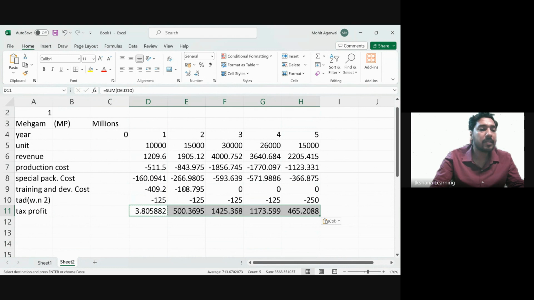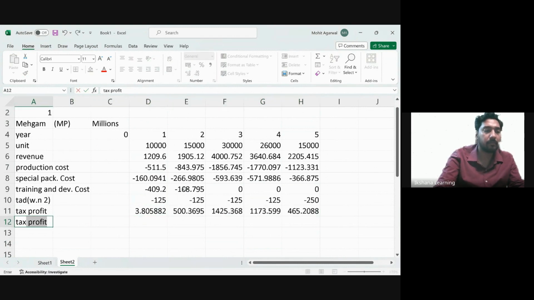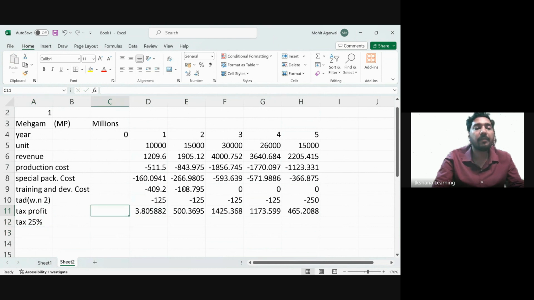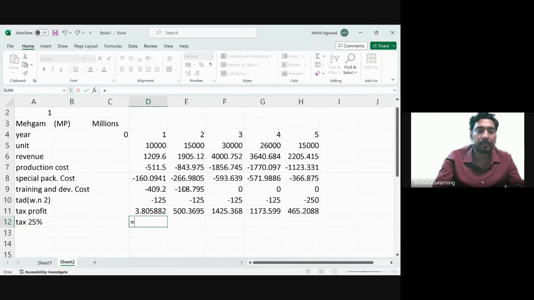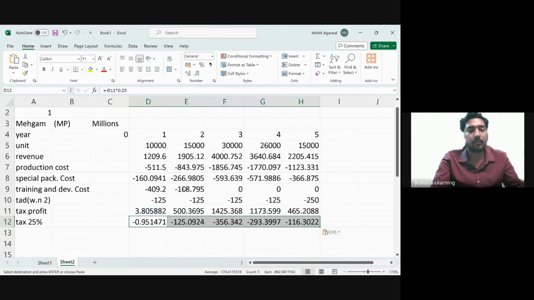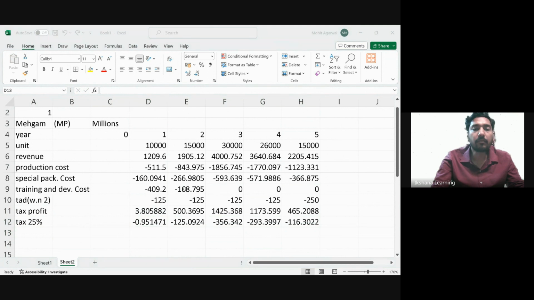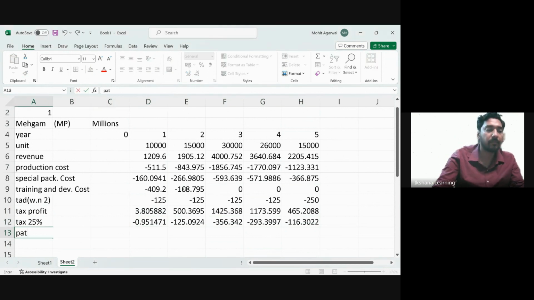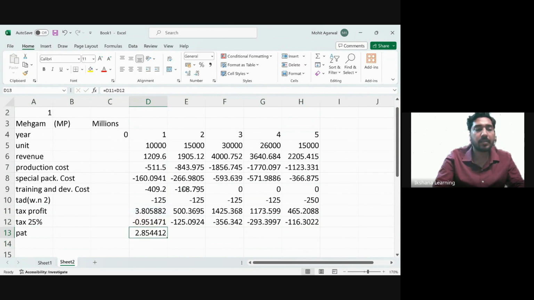Now just calculate tax. 25% is the tax. This is our tax. Now you will get the PAT, profit after tax, this plus this.